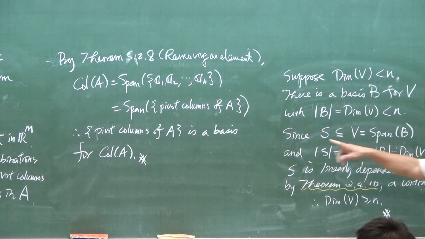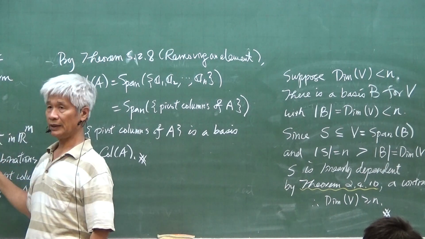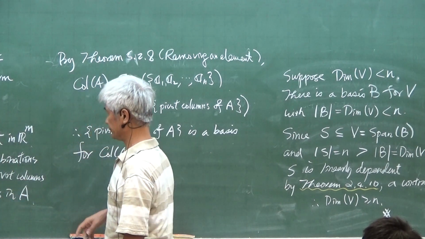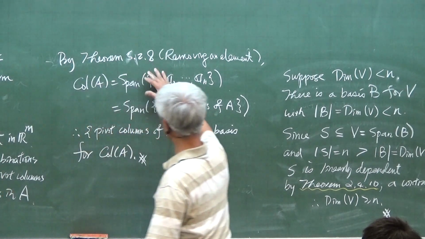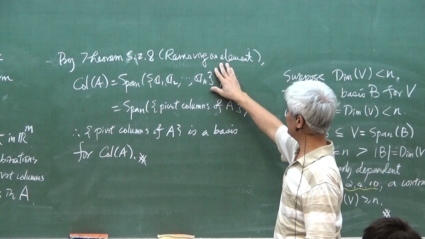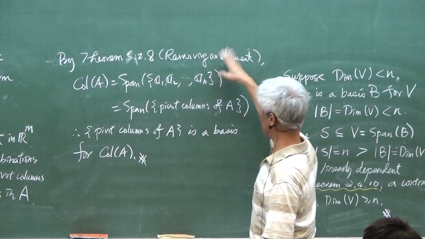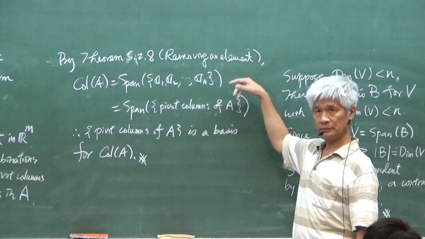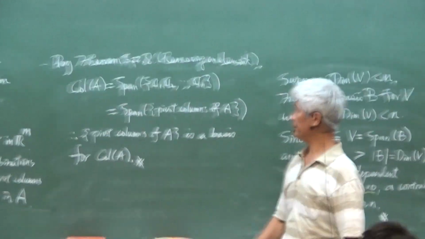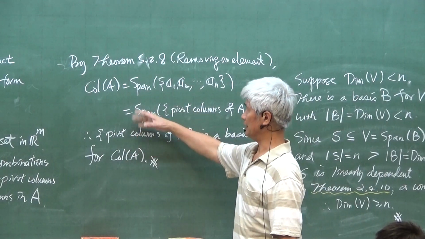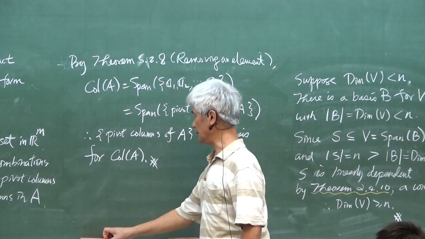So correspondingly, every non-pivot column in A is a linear combination of pivot columns in A. So that is shown by the removing an element theorem: in the spanning set we can remove all non-pivot columns without changing the span. Okay, and so finally we prove that the set of all pivot columns of A is a basis.